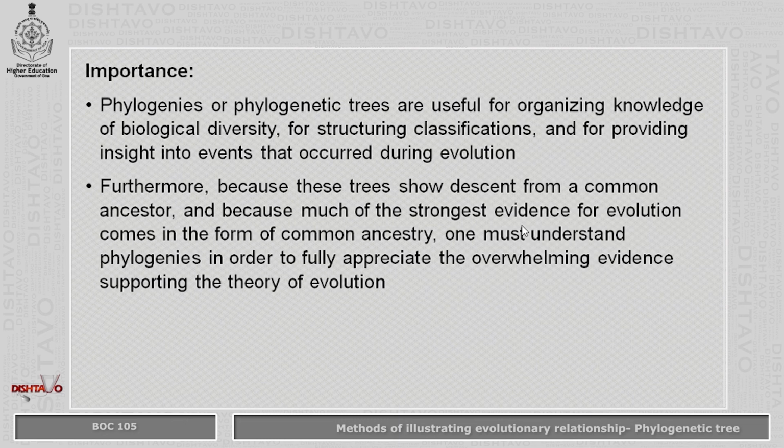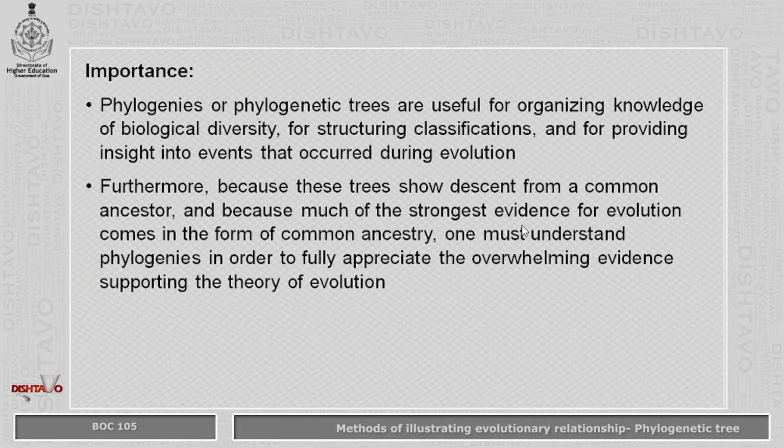Importance of phylogenetic tree. These phylogenies or phylogenetic trees are very useful for organizing the huge diversity of life forms. They may be used for structuring classification of different living organisms and also for providing insight into events that occur during evolution.